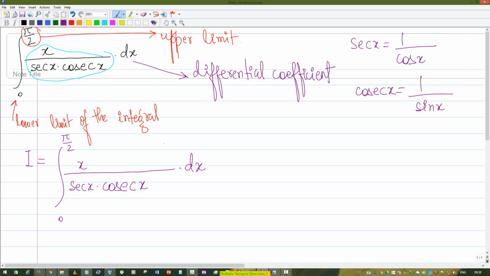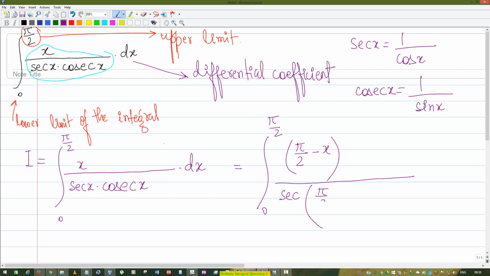And using the property we just discussed, we replace x with pi by 2 minus x, so this becomes the integral from 0 to pi by 2 of secant of pi by 2 minus x, cosec of pi by 2 minus x, and the differential coefficient. This value again is equal to I.